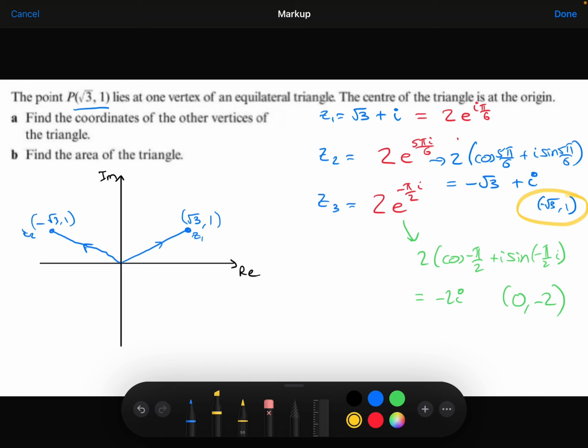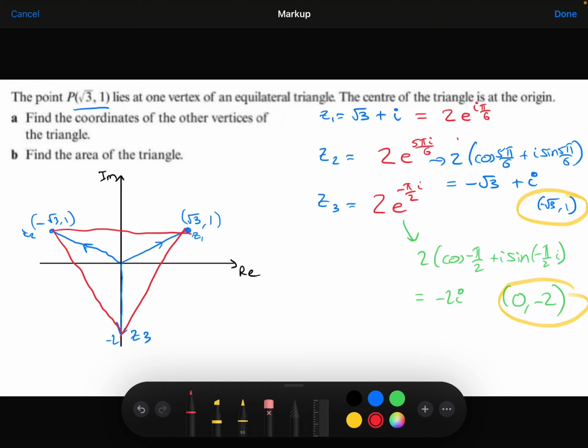And then the third root is 0, minus 2, which is going to be there. And so our triangle looks like this. We need to find the area of that triangle.